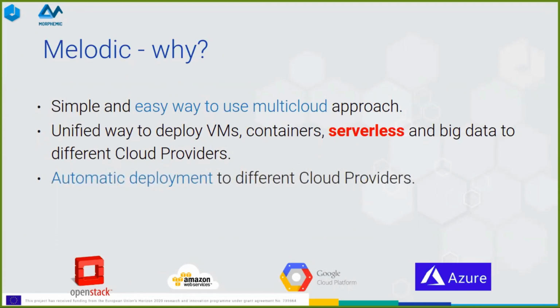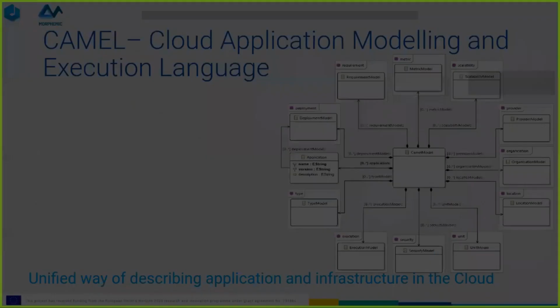The deployment is fully automatic, so no manual operations are needed. And a very unique feature of Melodic is that it is able to optimize the usage of cloud resources and automatically select the best set of these resources.